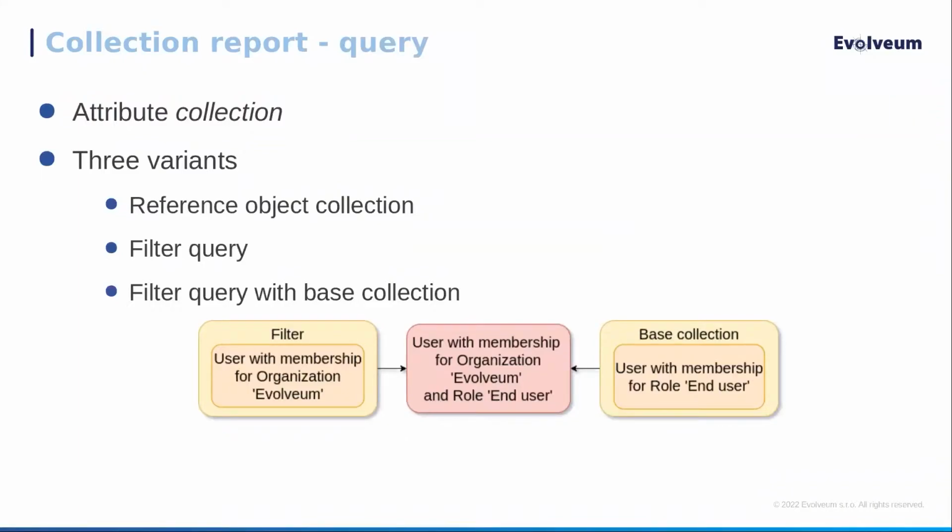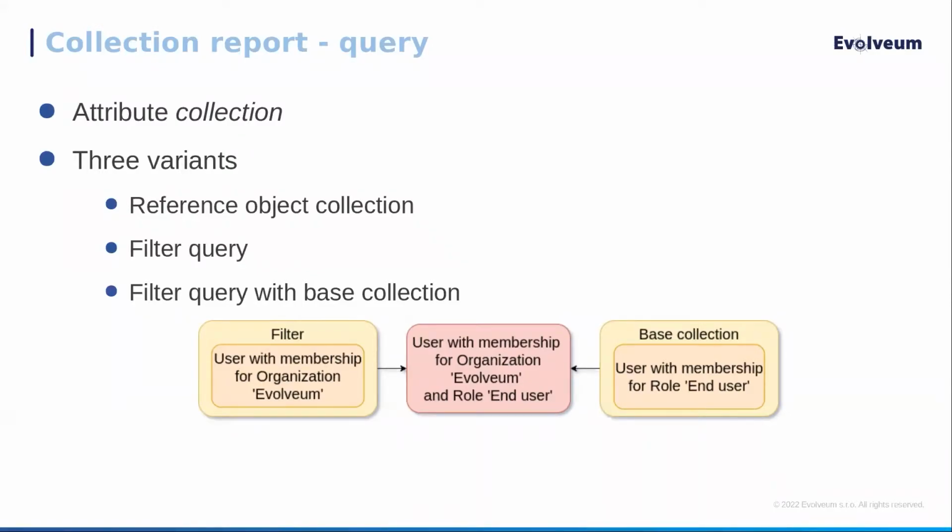Now we can take a closer look at the engine collection object. The first important part of collection report configuration is the query for reported objects. Query represents the attribute collection. We have three variants of the disposal. We can use a reference to an existing object collection.